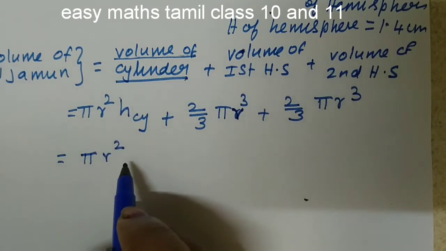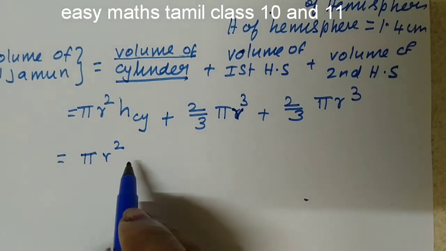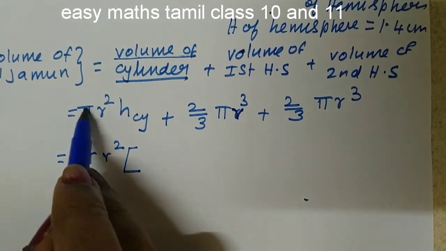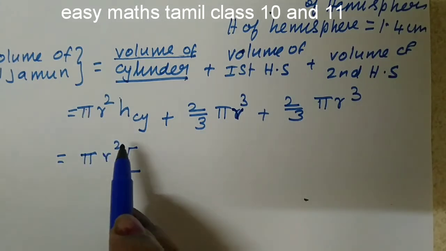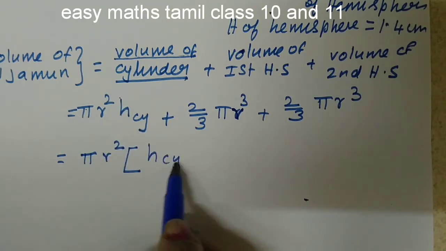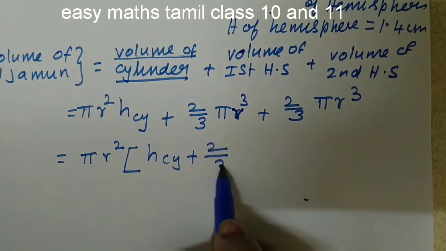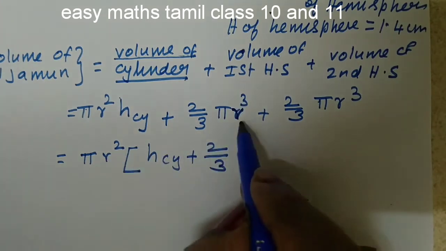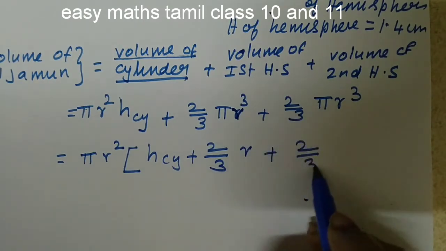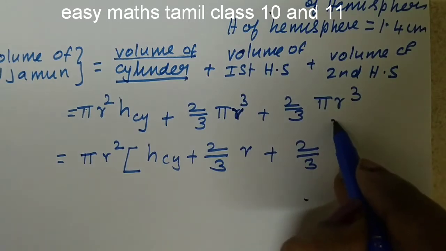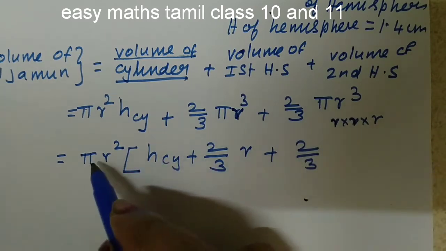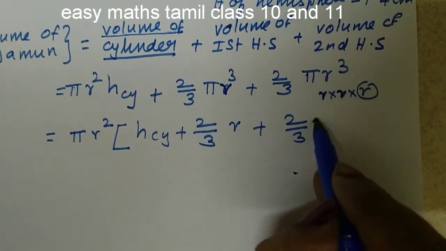Pi r square is common for all these three terms, so taking pi r square outside, write the remaining: height of the cylinder plus 2 by 3 r plus 2 by 3 r, since r cube divided by r square leaves r.